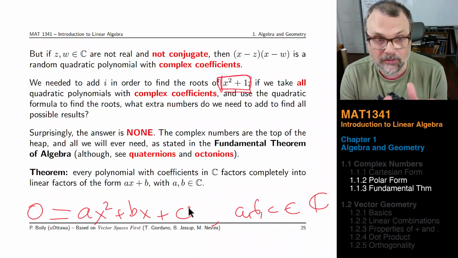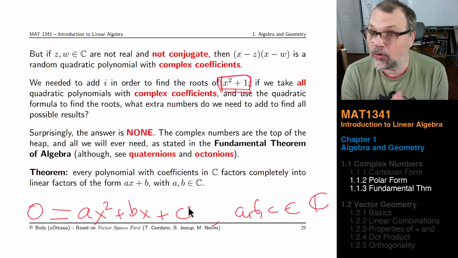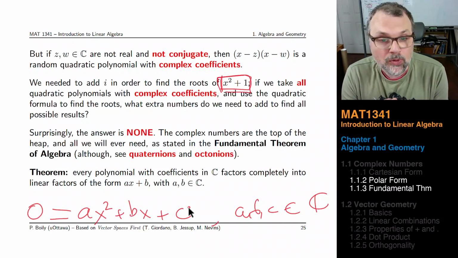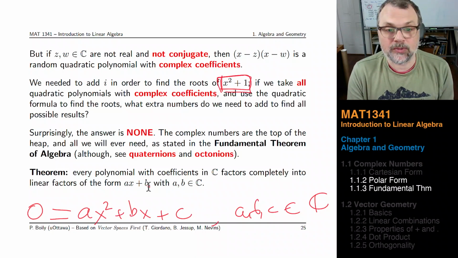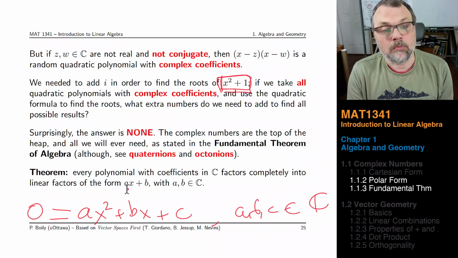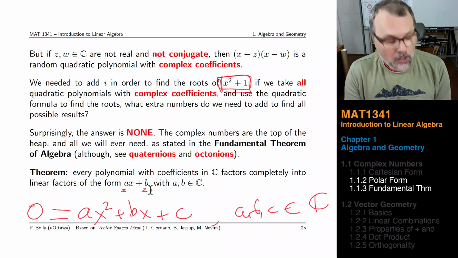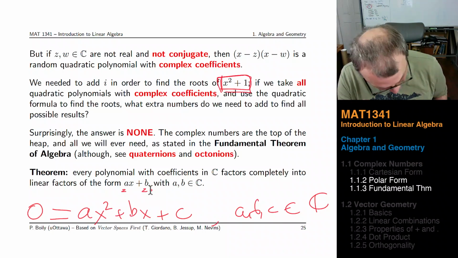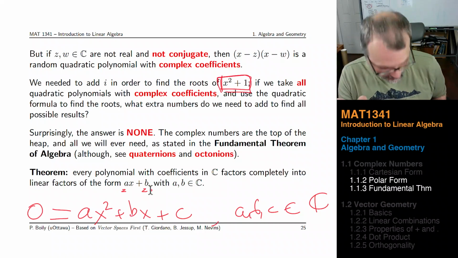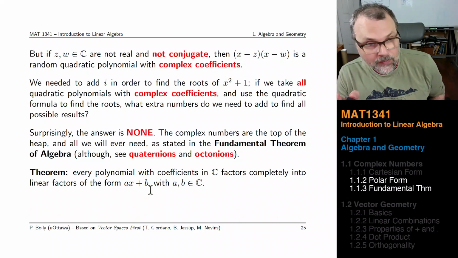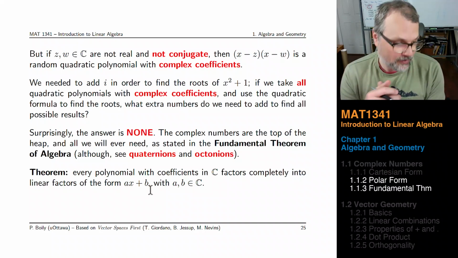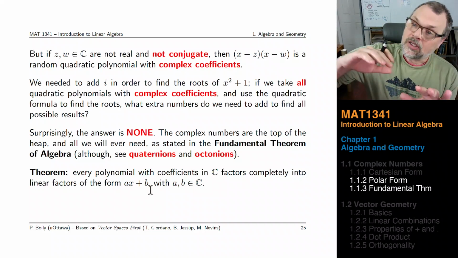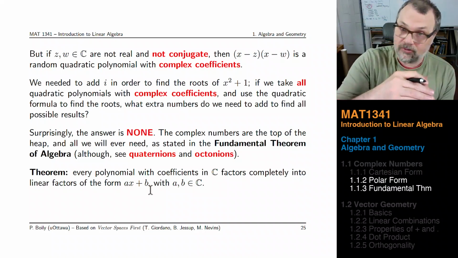That's the fundamental theorem. Every polynomial that has coefficients in C will factor completely into linear factors, terms that look like ax plus b, where a and b would potentially be complex numbers. Those of you who study mathematics will see, however, that even though the complex numbers are complete according to the fundamental theorem, there are number systems above the complex numbers.